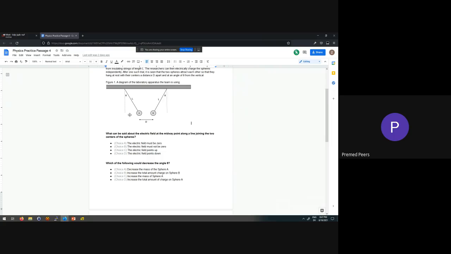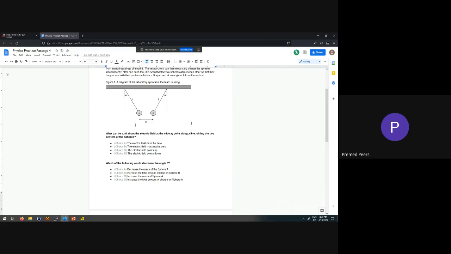So let's think about it as a balance. If we increase the electric force, that would pull them closer together because we'd have more of a force pulling them to the left and to the right. Now, if we increase the mass, a lot of times mass cancels in a physics problem. Well, mass wouldn't cancel here because the electric force is not dependent on the mass.